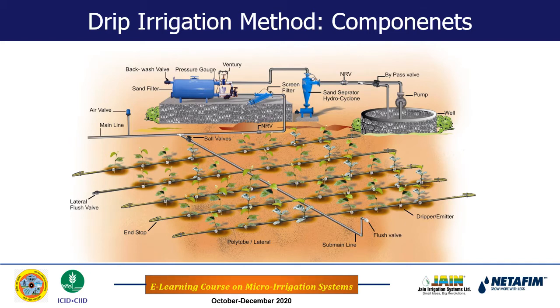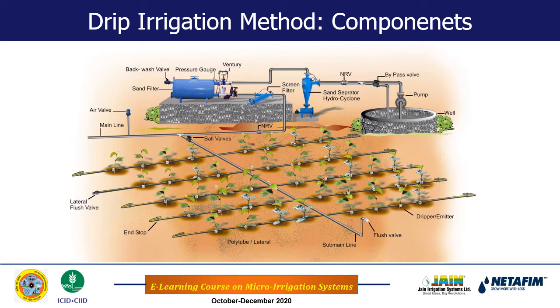Basically the sand filter is used to separate any organic material, algae or debris, or say leaves and all other things which exist in the water. Because the hydrocyclone filter cannot do this, as its name indicates.